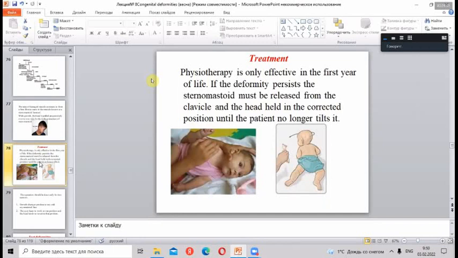Treatment. Physiotherapy is only effective in the first year of life. If the deformity persists, the sternomastoid must be released from the clavicle and the head held in the corrected position until the patient no longer tilts it.